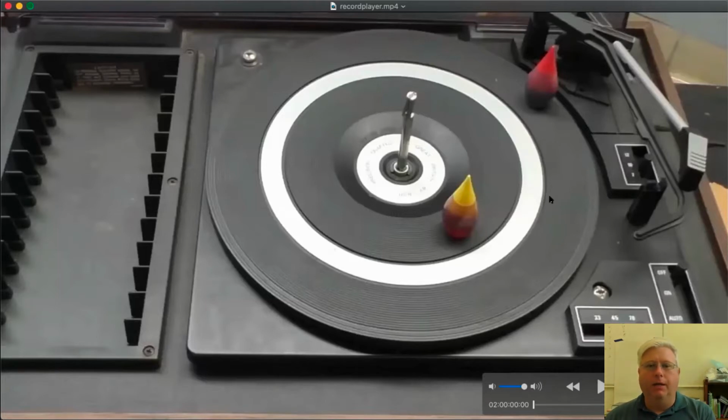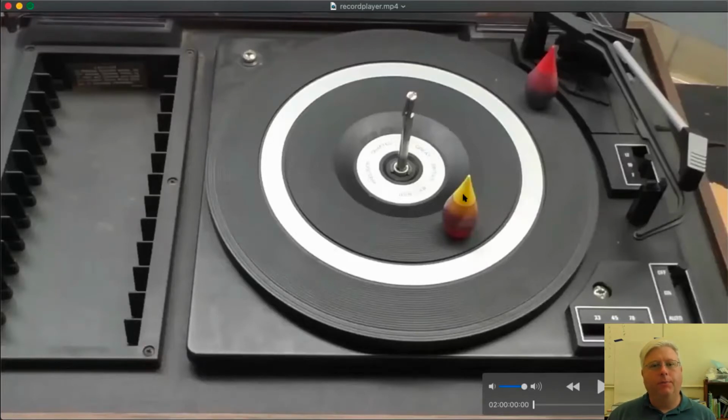They're actually kind of making a little bit of a comeback too. If you go to Target, you can actually buy a vinyl record again. So what I'm going to show you here is when you turn the record player on, it begins spinning. So initially it has a little bit of acceleration, but then it moves at a constant speed. So we'll have some uniform circular motion.